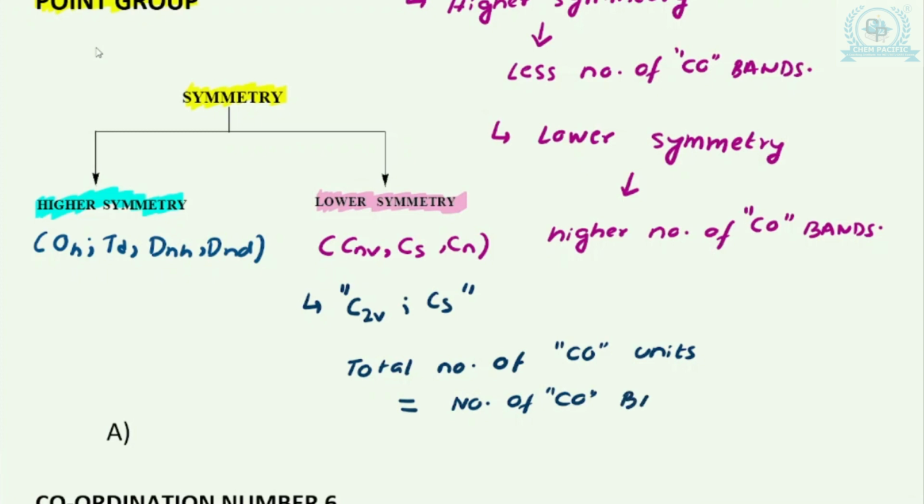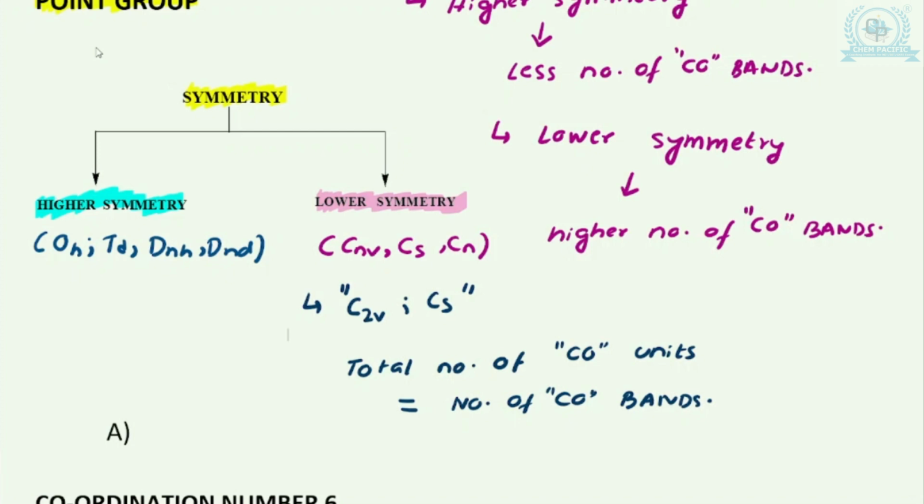That means in the case of lower symmetry, if a complex contains C2v or C_s symmetry, then the total number of CO units will give that many CO bands.